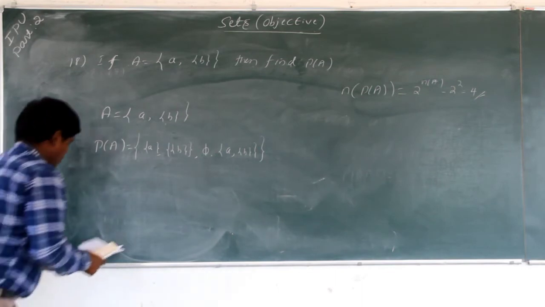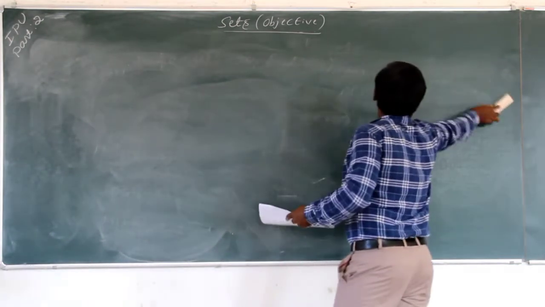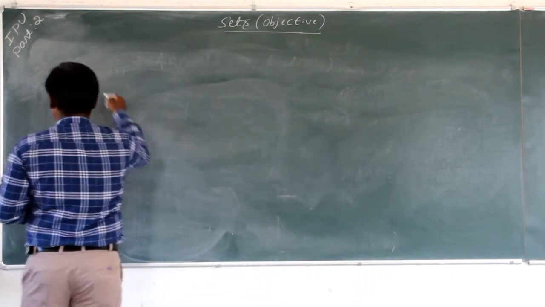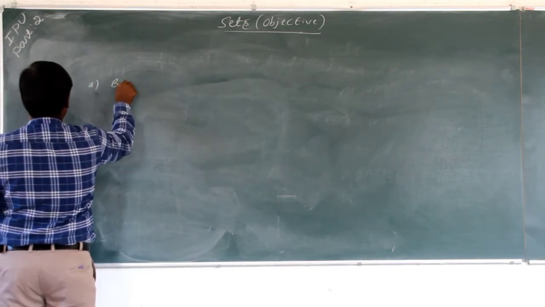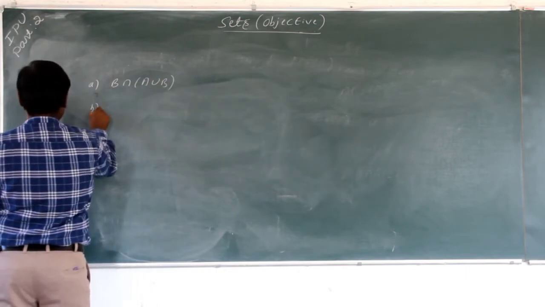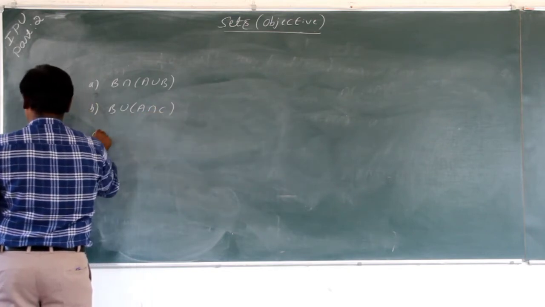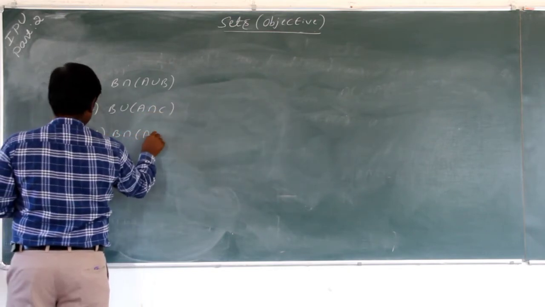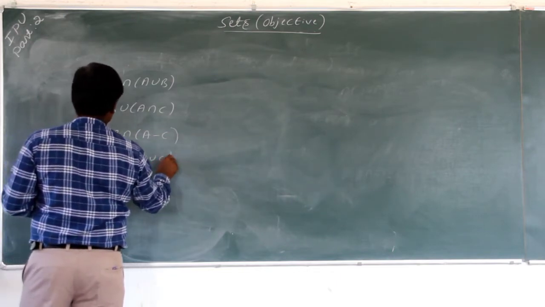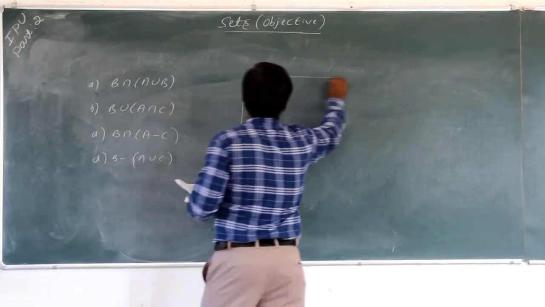Next, question number 19. The shaded region in the figure is given by which option? Option A is B intersection A union B. Option B is B union A intersection C. Option C is B intersection A minus C. Option D is B minus A union C. The figure goes like this.